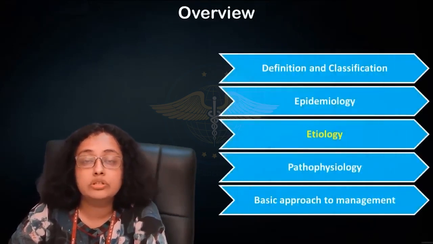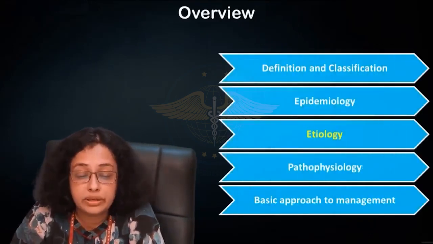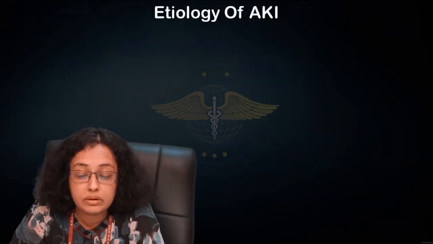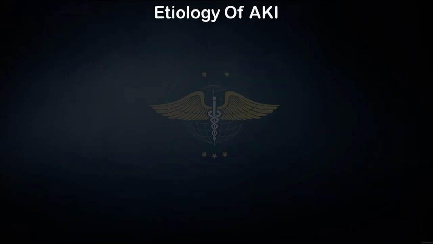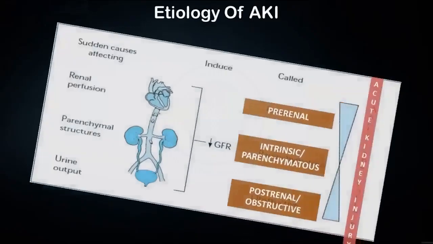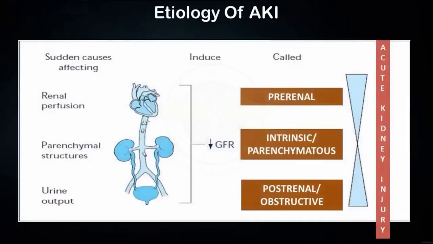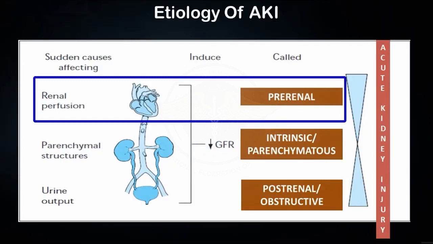Having looked at the epidemiology, let's address the common causes of AKI. When we talk about AKI, there are broadly three categories. It starts with the blood supply to the kidney. We know that the kidneys receive 25% of the cardiac output. So any interference with the blood supply to the kidney will cause kidney injury, and this is known as prerenal AKI.